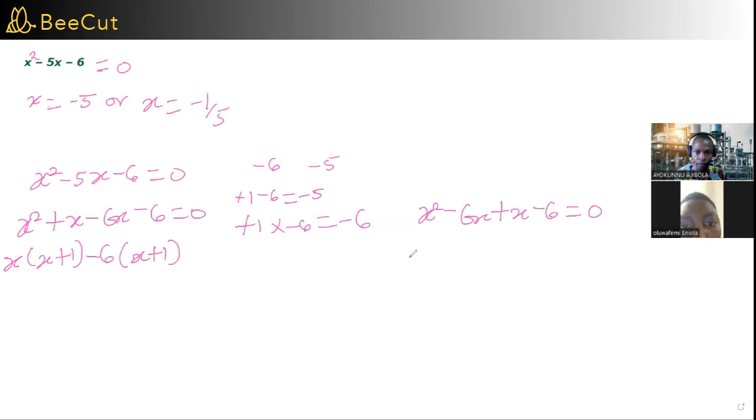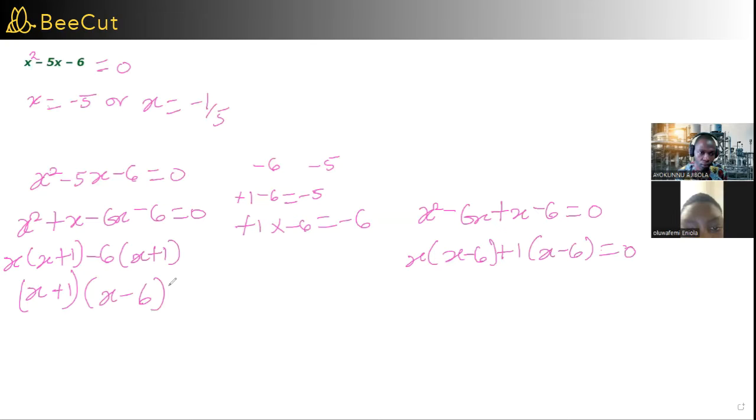So here x is common: x into x minus 6. Then what is common here? 1. So 1 into x minus 6 equal to 0. So here now I have x plus 1 common, into x minus 6 equals 0.